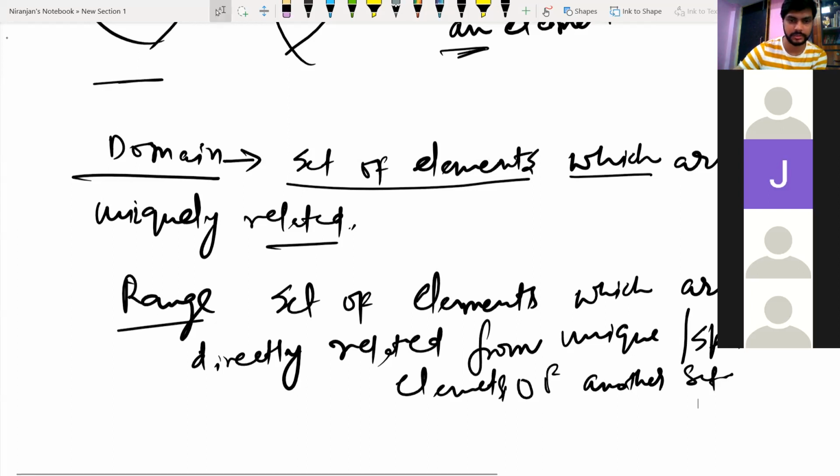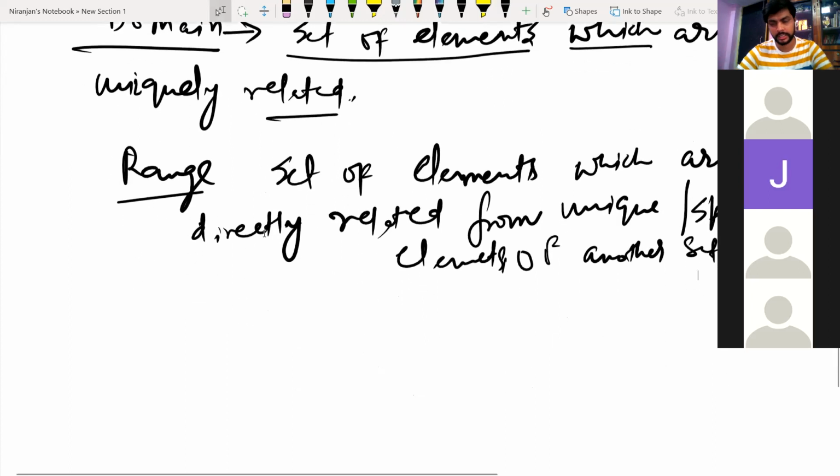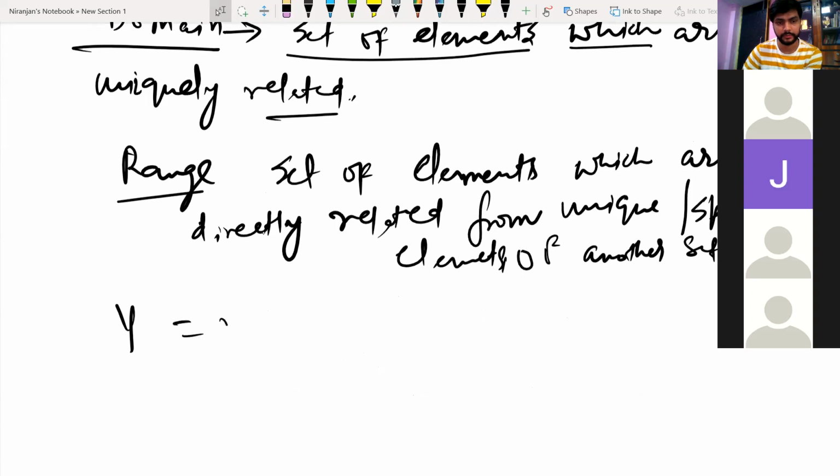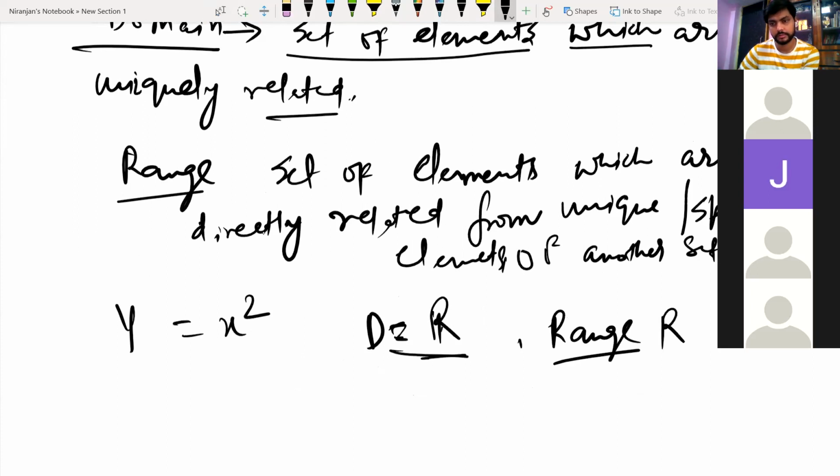In human words, you don't have to memorize any definition, barely anyone asks, but in human words, what do I mean to say? When you write y equal to x squared, or when nothing is mentioned, your domain is R, right? And your range is R positive. What do I mean when I say R positive?